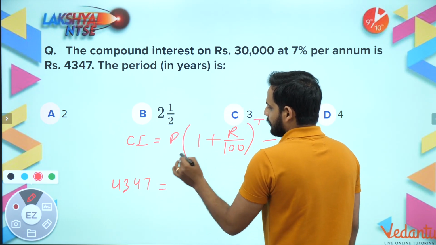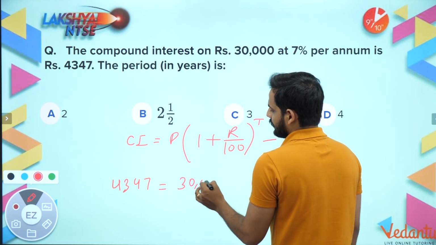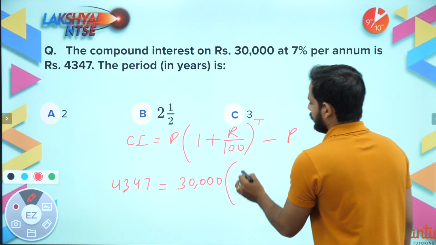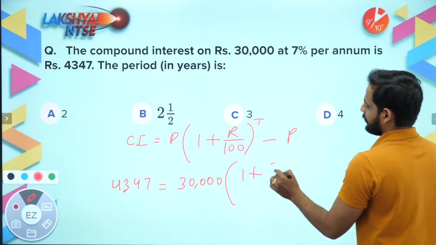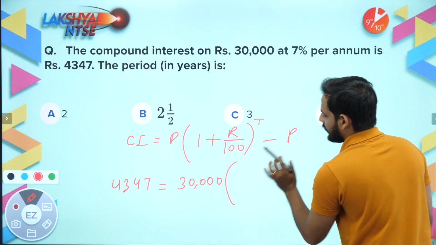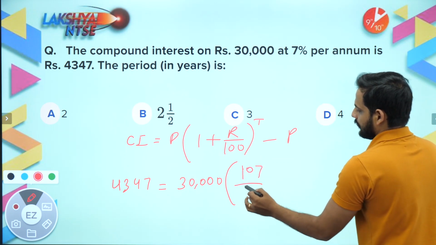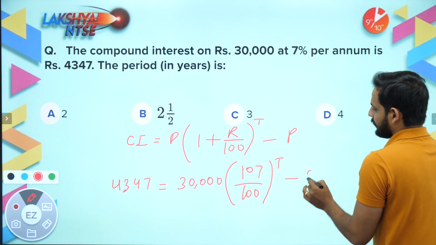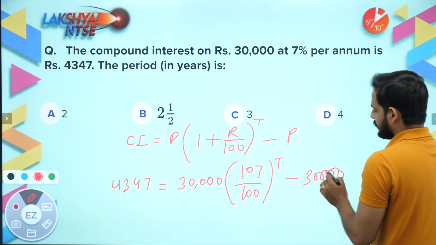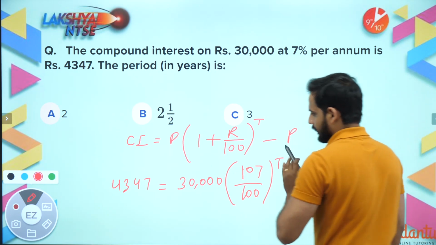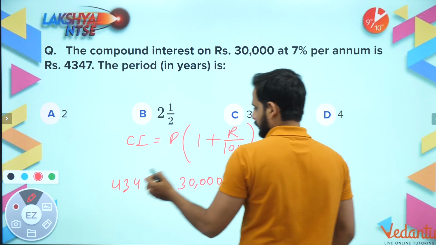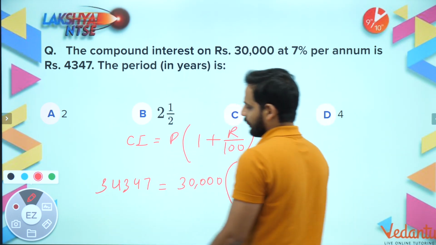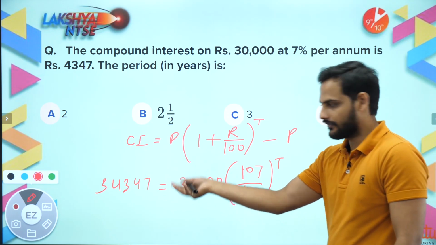Okay, chalo. So compound interest was 4347 is equal to P, which is 30,000, into 1 plus R is what? 7%. So this will become 107 by 100 raised to the power time, I don't know, minus 30,000. So shift this 30,000 there, you will be getting 34,347. Arey bhai, 30,000 plus 4347 is this.